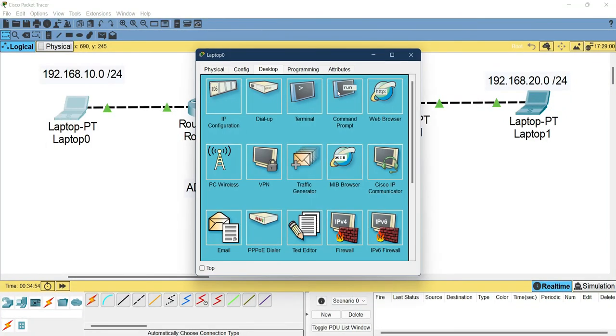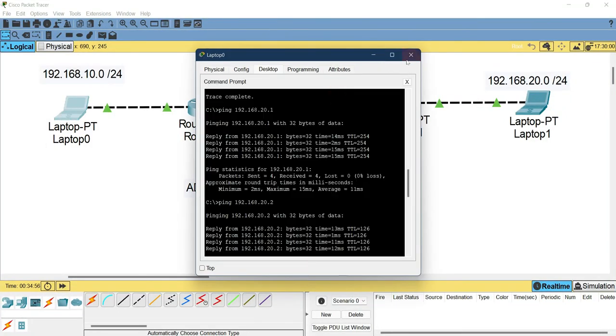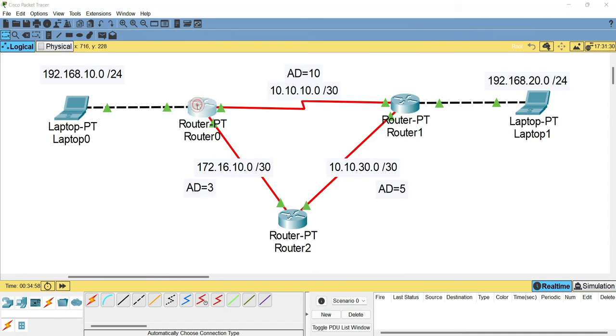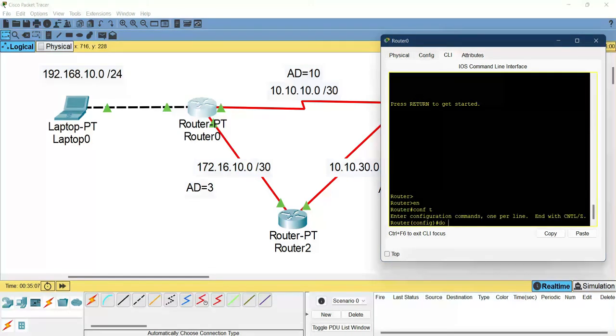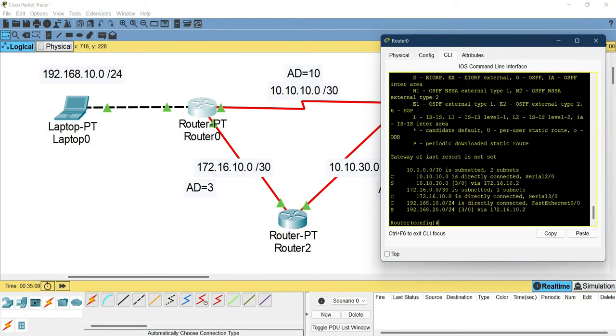Now to test that, let's first see the route table of all the routers. So I'm in router number 0, enable, configuration terminal, and do show IP route.